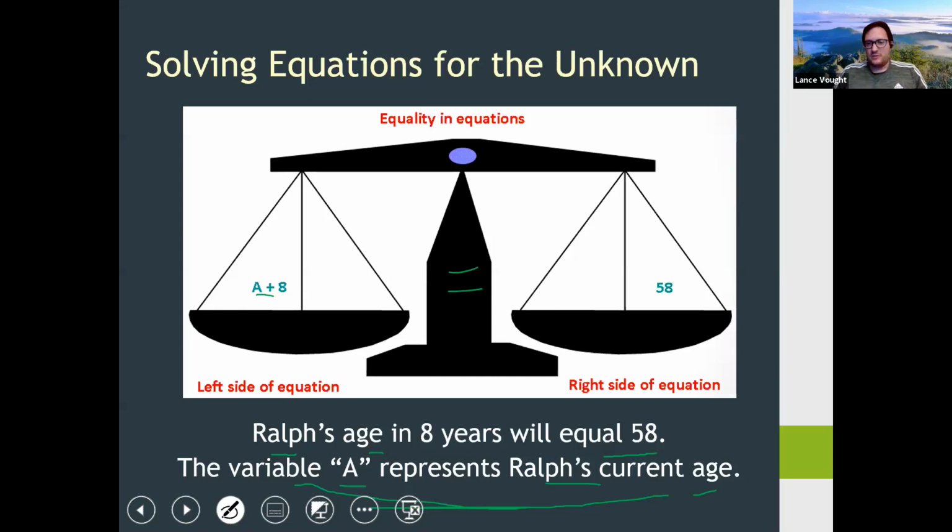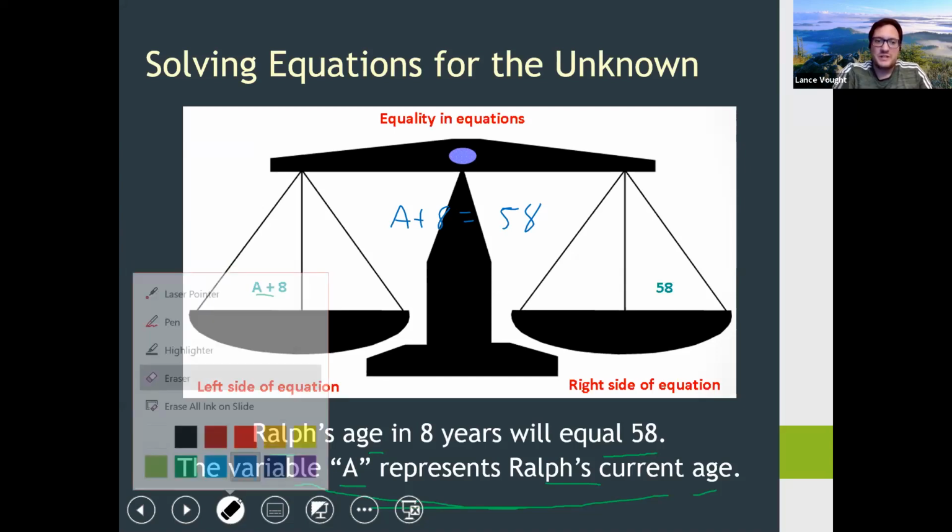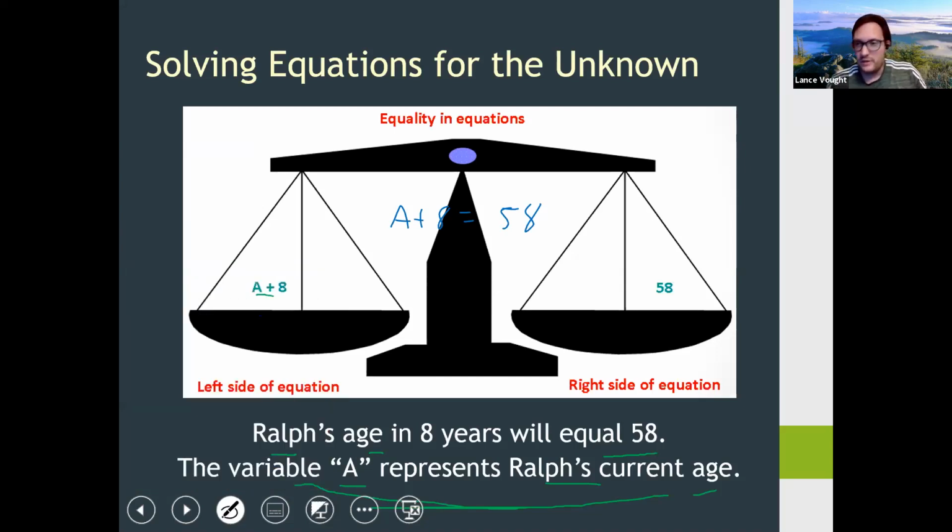We know in 8 years he'll be 58, and A represents what Ralph's actual age is. So if we want to solve for A, our equation is A plus 8 equals 58. So how do we solve this? Well, you need to isolate the unknown variable. By isolating the unknown variable, temporarily we may have imbalance in the scales, but at the end we should have balance in the scales.